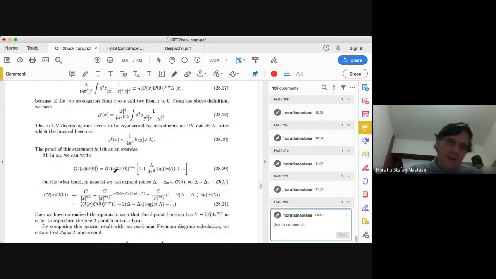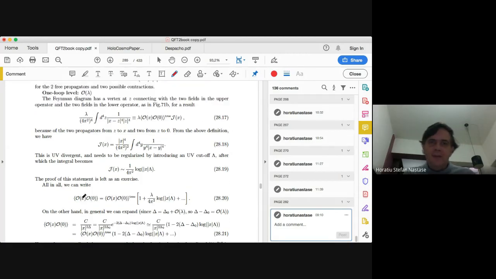Well, explicitly, for instance, we've seen here that the two-point function of operators OX and OZ was proportional to 1 over x to delta. So this is divergent when x goes to 0. Right?